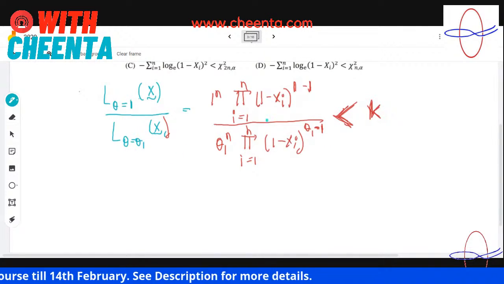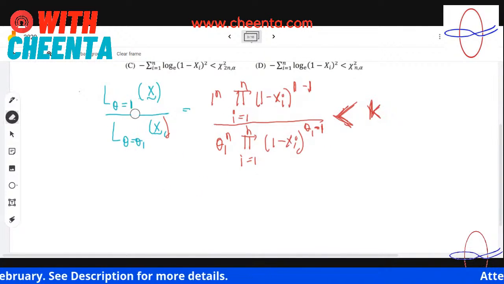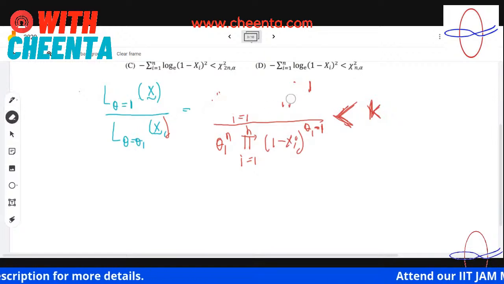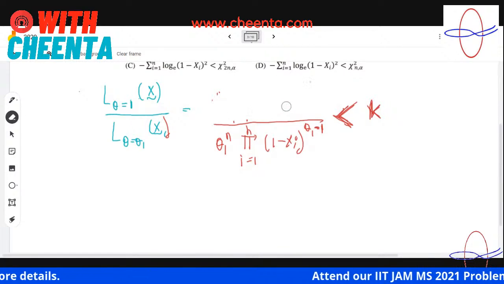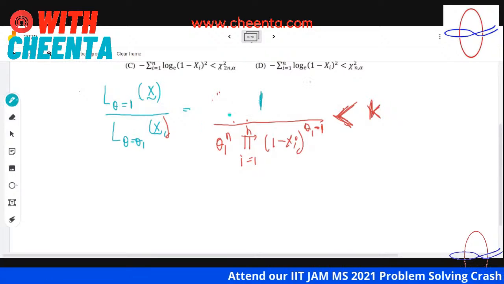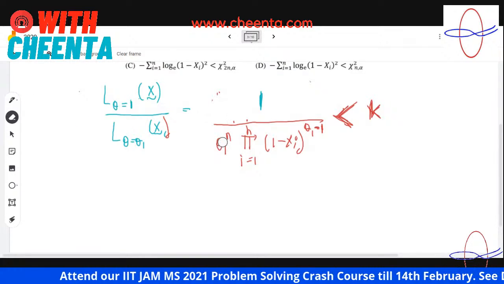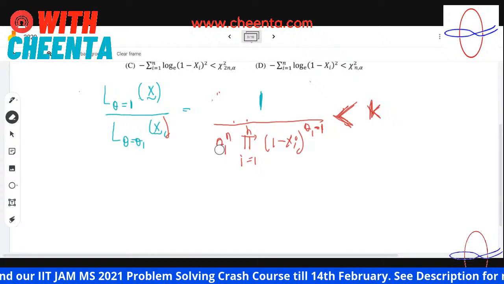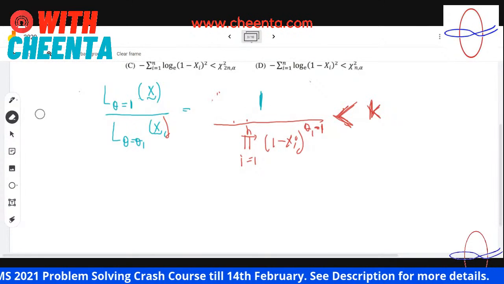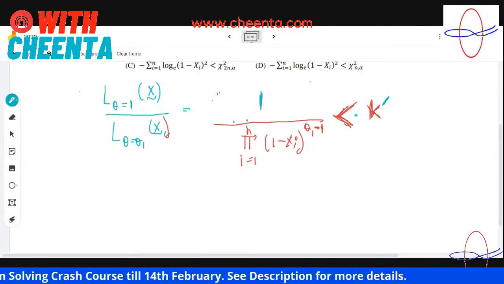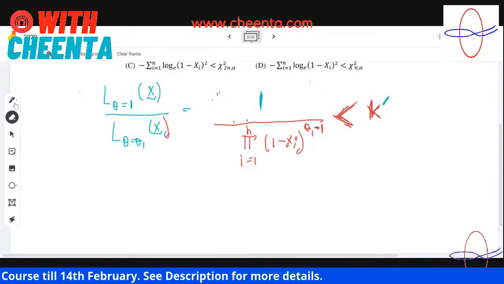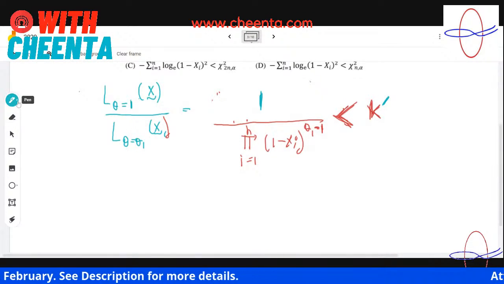Observe, this is the same as telling this is equal to 1, and this is a constant, right? Vanish to that side, so let it be k dash, and this is the entire thing that will be there.